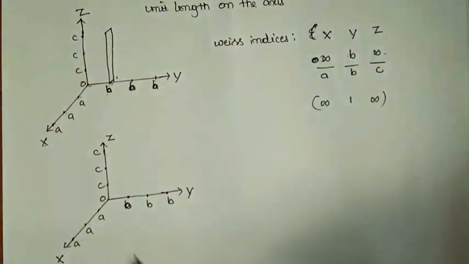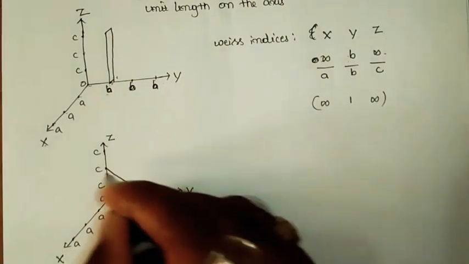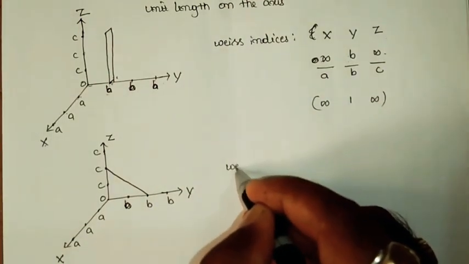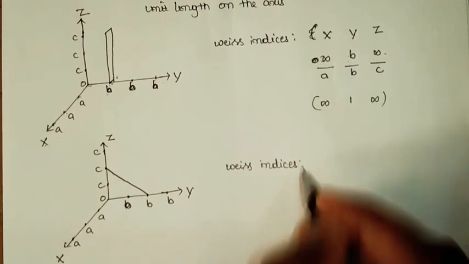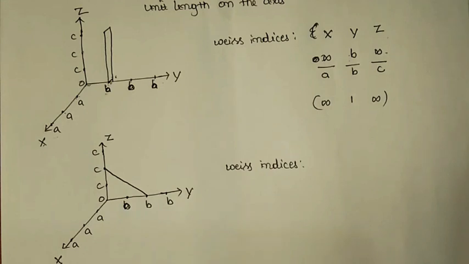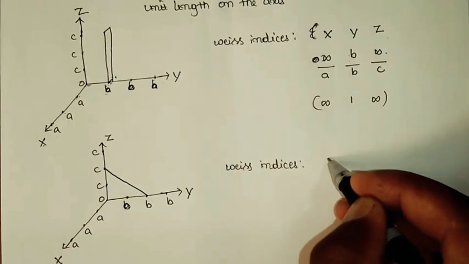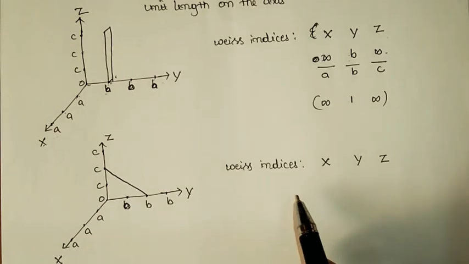Let me consider a plane, this is the plane I have considered, and for this plane let us develop the Weiss indices. Here we need to take the intercepts along the three axes, that is x, y and z.